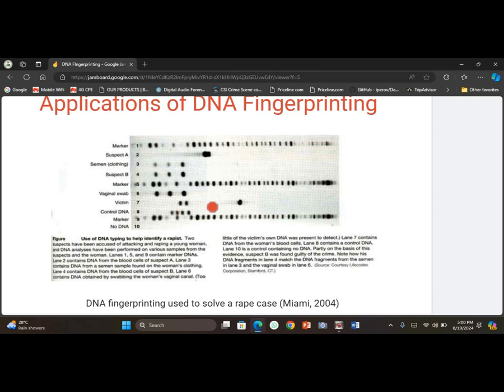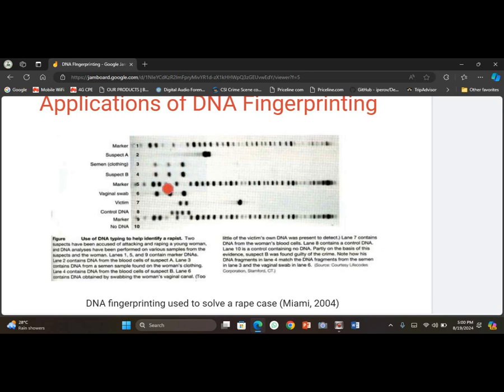So this is the blood of the victim. What you have here is from the swab from the vagina, from the suspect, and the clothes that you collected from this victim. All of them are similar.